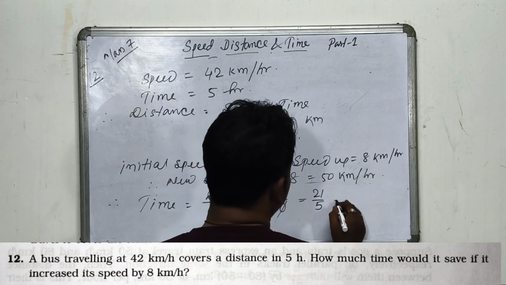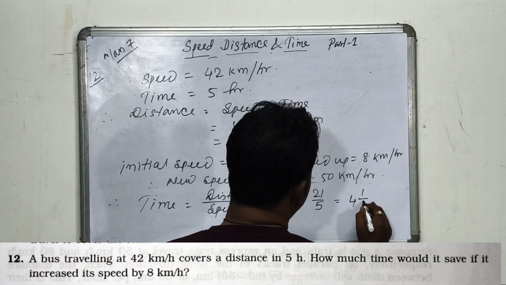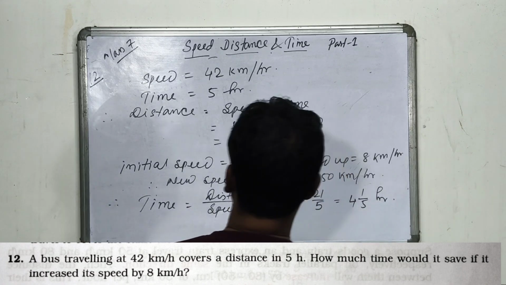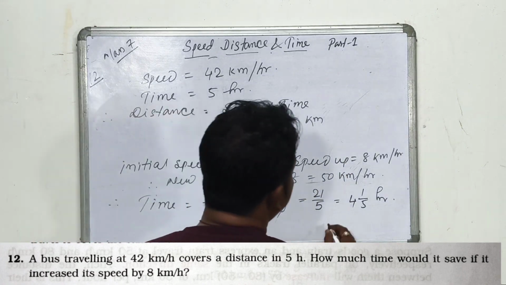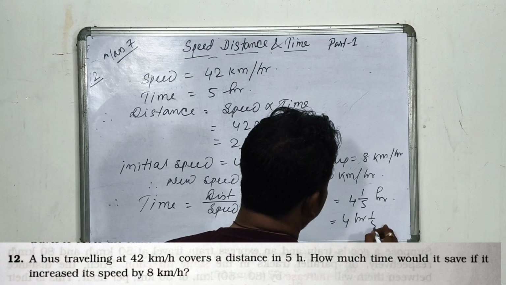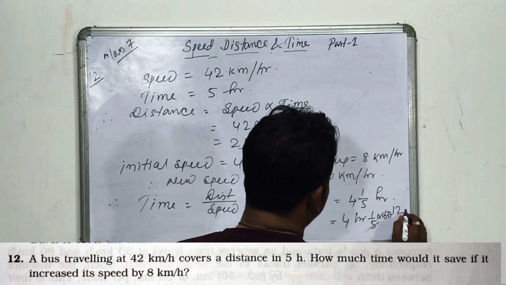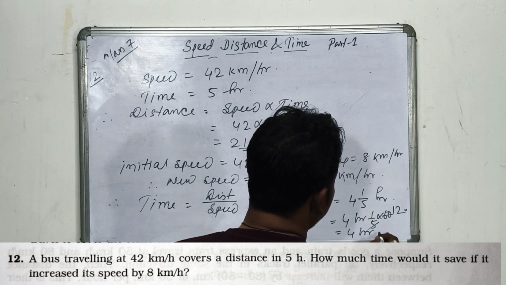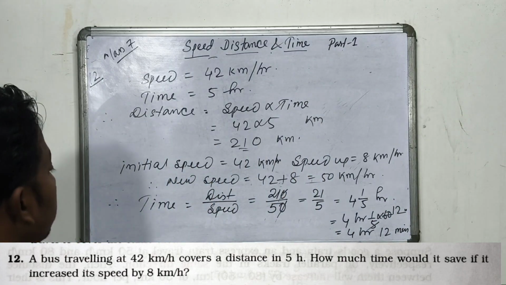So 4 and 1 by 5 hours. Okay, so 4 and 1 by 5 hours means 4 hours, and 1 by 5 into 60 is 12 minutes, that is 4 hours 12 minutes.